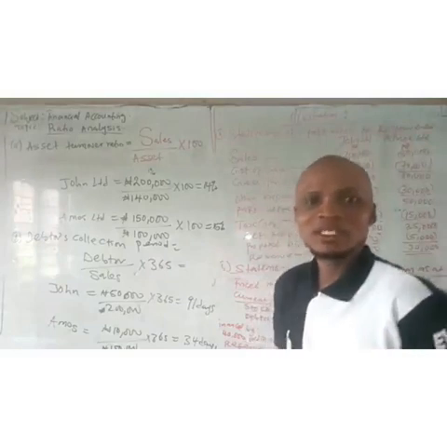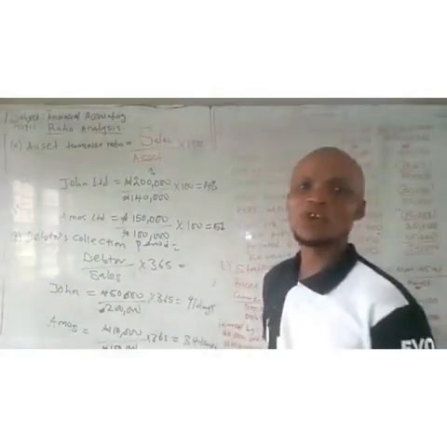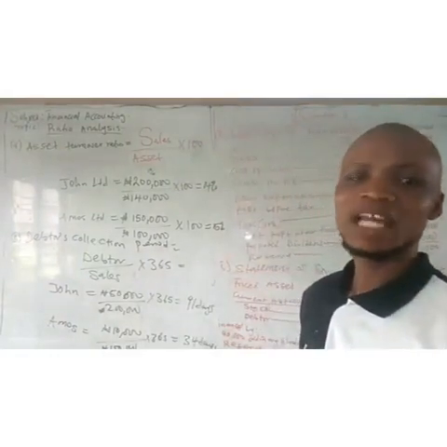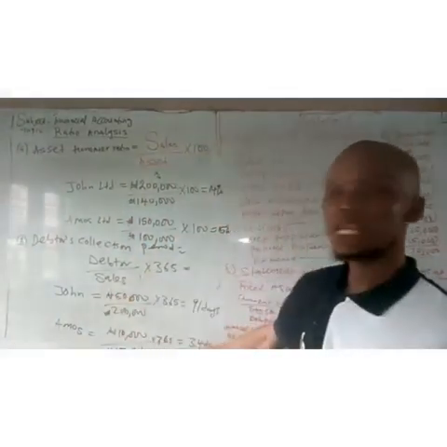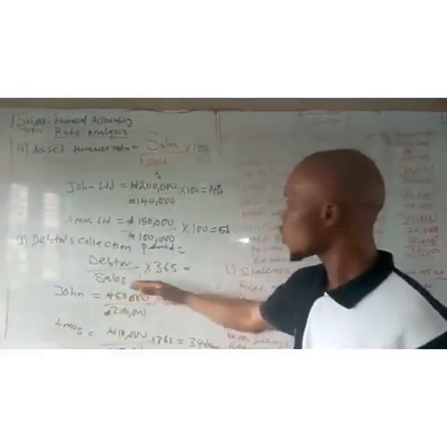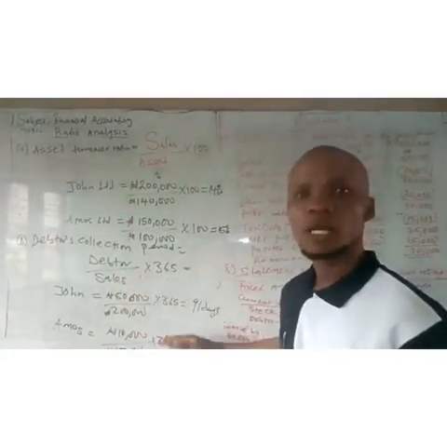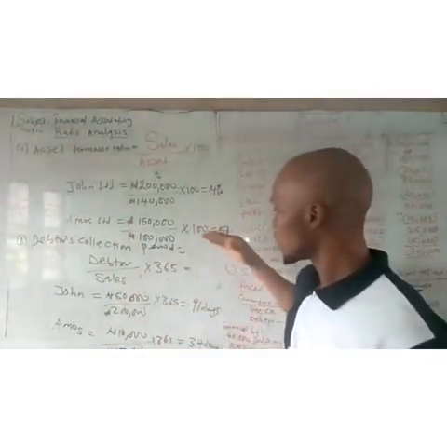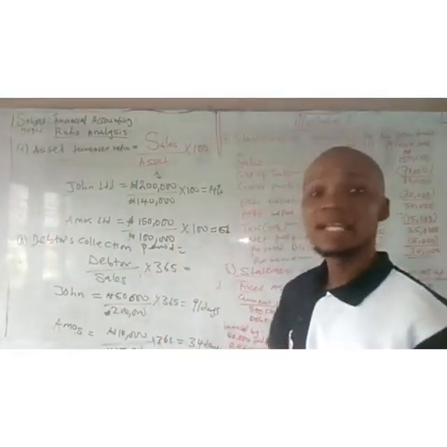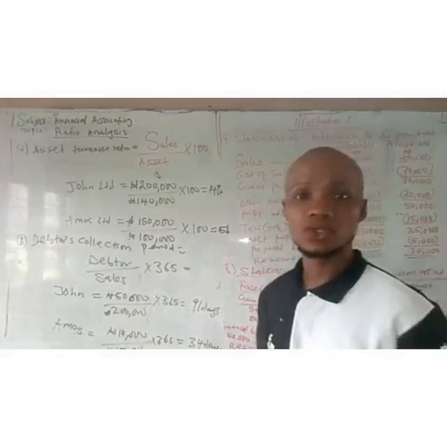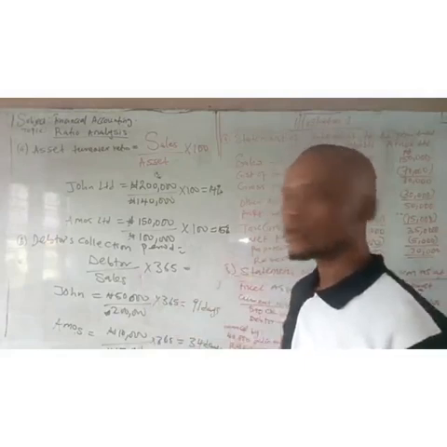It means that it takes Amos Limited a very short period of time to collect the amount due from debtors. Therefore, we conclude that, based on debtor collection period, Amos Limited performs better than John Limited, because it takes Amos lesser days to collect the amount due from debtors than John Limited.